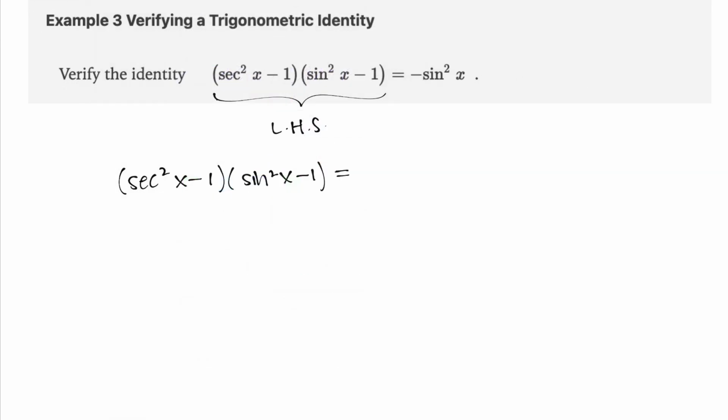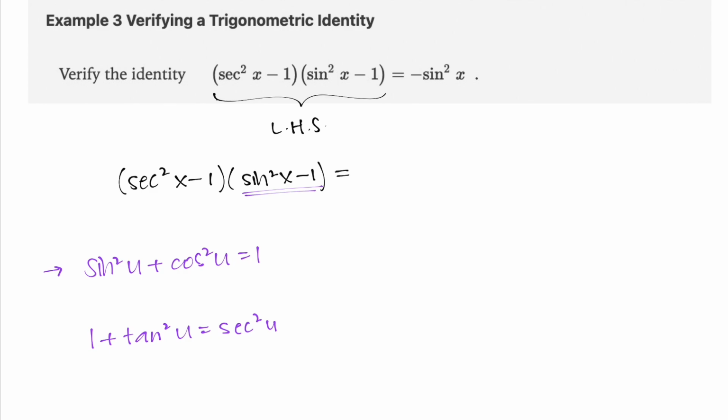In particular, the ones we'll tap into are sine squared u plus cosine squared u equals 1, and also 1 plus tangent squared u equals secant squared u. Now, these two are going to be useful because from the first one, we can rearrange things a little bit and make it turn into this expression we have here.